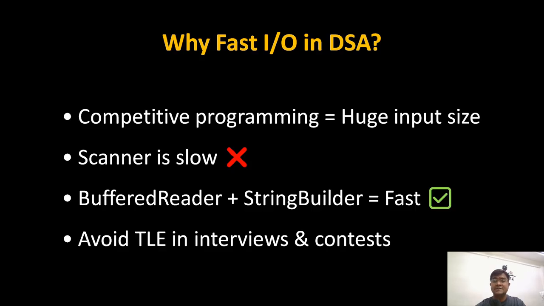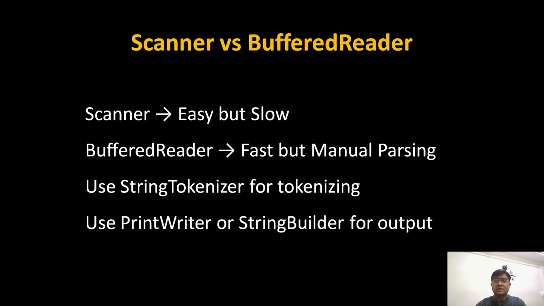Now let's go ahead. Scanner versus BufferedReader, right? Let's compare this like a professional. Scanner is easy, beginner friendly, but slow. It uses heavy parsing. But BufferedReader is fast, lightweight, and used in contests, and no manual parsing is required.